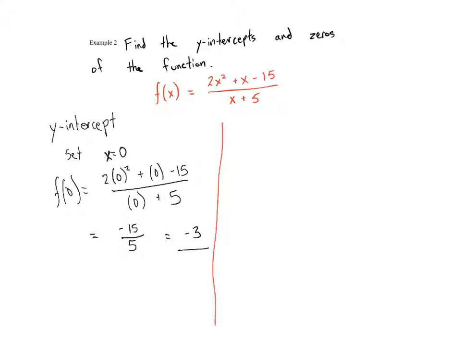As a coordinate point, xy coordinate point? Negative 3, 0. Oh, I'm sorry. 0, negative 3. Thank you. That happens sometimes to me. 0 is x, y is negative 3.